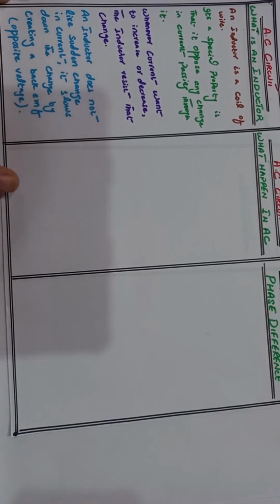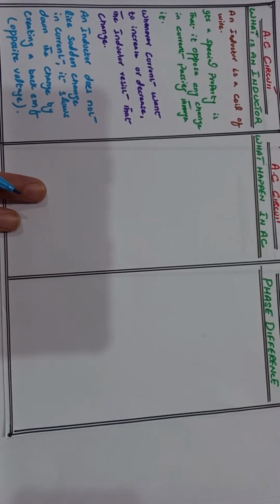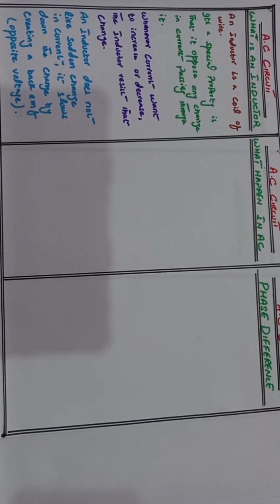It always creates a back EMF when the current wants to suddenly increase or decrease. That is what we discussed: what is an inductor. Okay, hope you understand it: what is an inductor and what is its property? It always opposes any change in current.